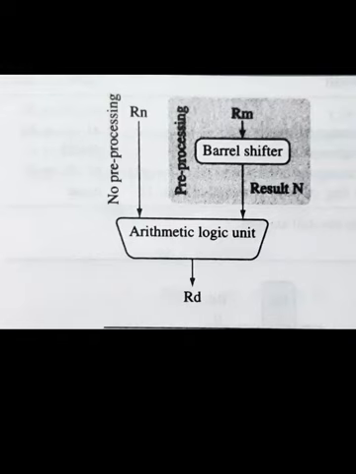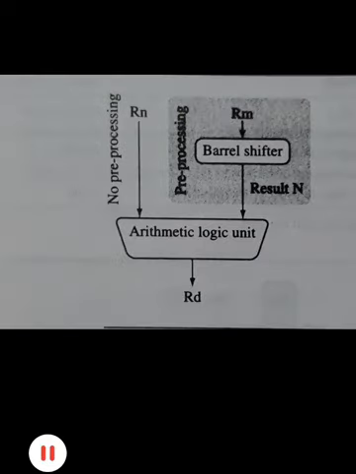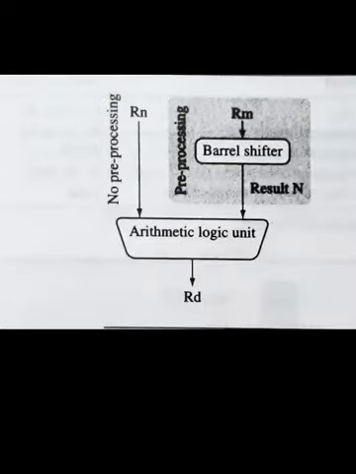We showed the move instruction where N is a simple register, but N can be more than just registers or immediate values. It can also be a register Rm that has been pre-processed by the barrel shifter prior to being used by the data processing instruction. Data processing instructions are processed within the arithmetic logic unit.